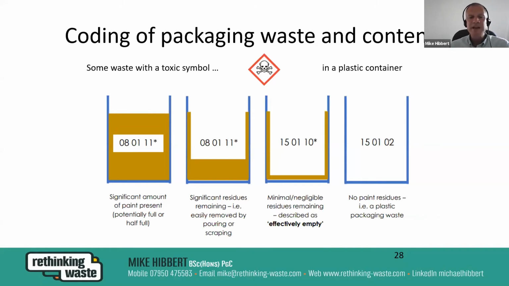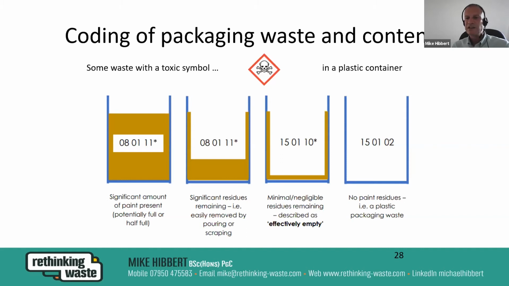If there's minimal amounts of material in there and it's effectively empty, what we've got is packaging that is contaminated with a paint. And again, if you look at the classification for this under the EWC codes, it comes out at 15 01 10. That makes it a hazardous waste.